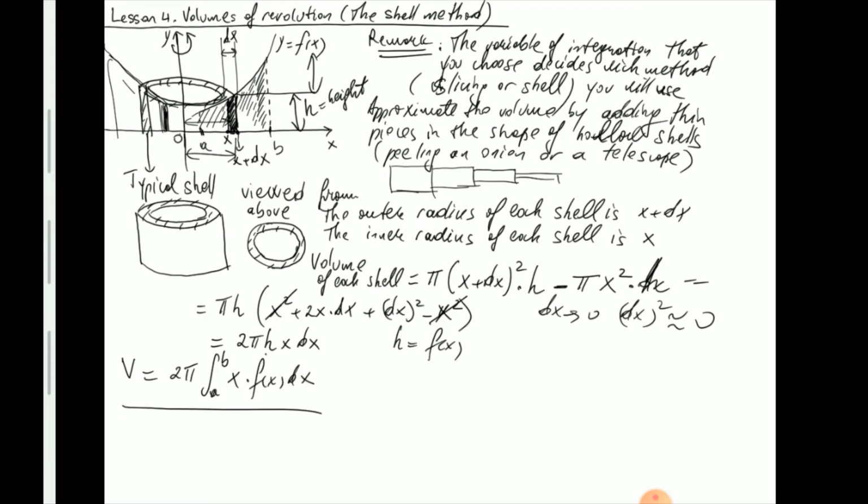This is because the rotation is about the y-axis, and the function is given as a function of x. But generally speaking, the formula for the shell method is that the volume is 2 pi, the integral with the appropriate bounds, of the height of the shell times the radius.